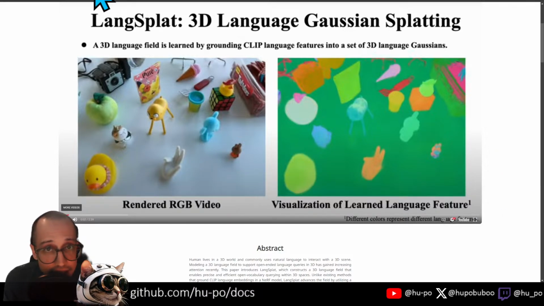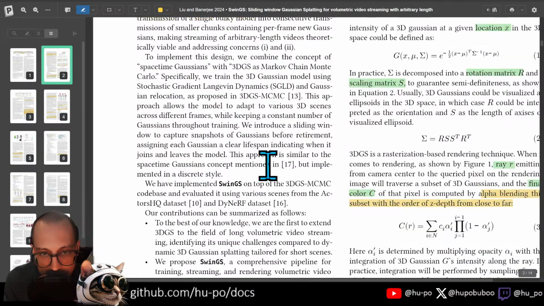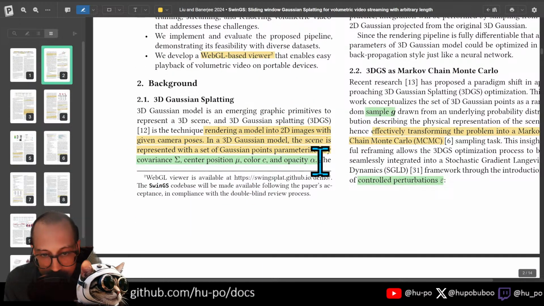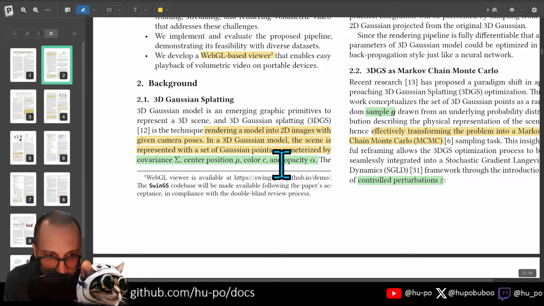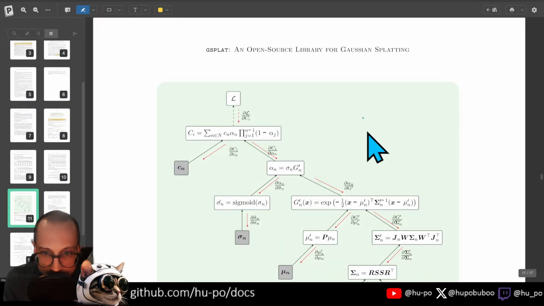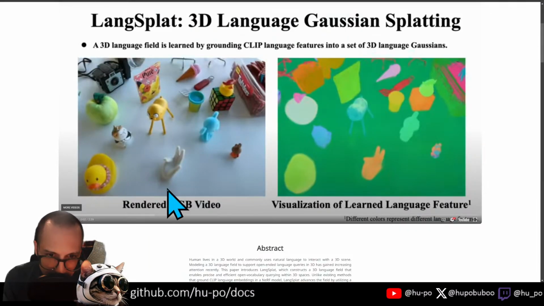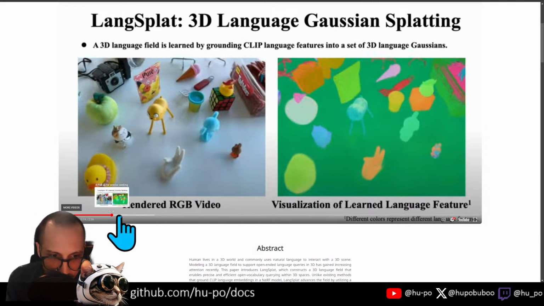As we were seeing before, each of these Gaussians has these properties, and in the simplest way, they're just color, position, and opacity. And you can push the gradients down into that. But you can also add a little vector to each Gaussian, which is effectively the semantic, like what is this.